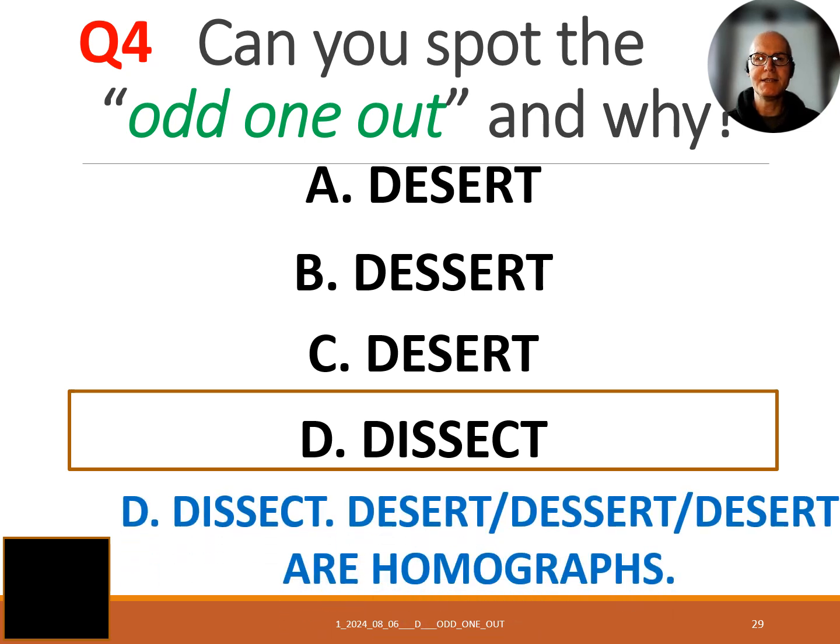Desert, desert, desert are homographs. They're spelled very, very similar, but they mean different things. A desert, and to desert. Very similar spelling, if not identical, but different meanings. Homographs.